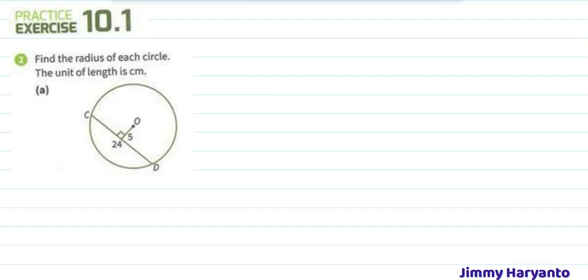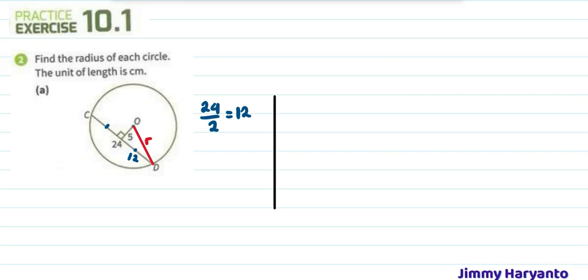Next is question 2. For question 2, the question wants you to find the radius. That means we have to draw this line, and this line is the radius, and then we will divide the 24 by 2. 24 divided by 2 equals 12. That means this one is 12 each, and then we can use the right triangle to find the radius using Pythagoras theorem.